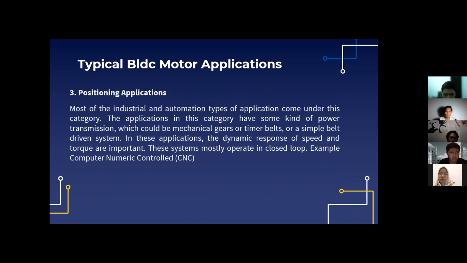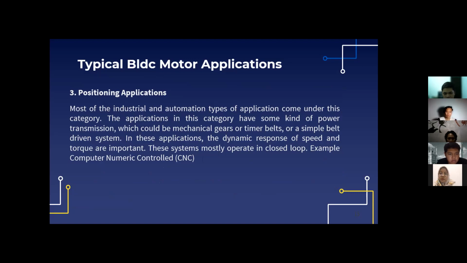Next. The third is positioning applications. Most industrial and automation types of applications come under this category. The applications in this category have some kind of power transmission, which could be mechanical gears, timing belts, or a simple belt-driven system.